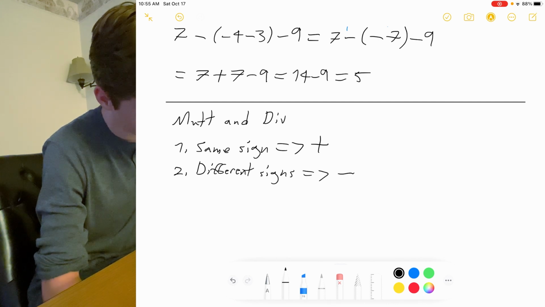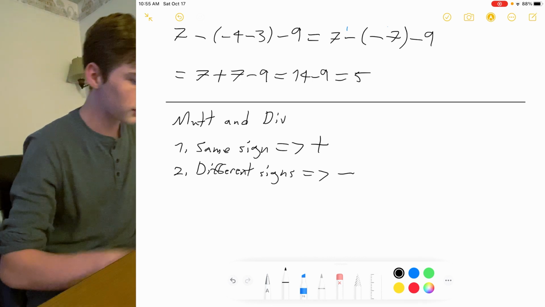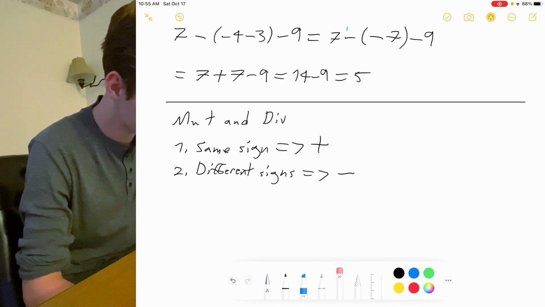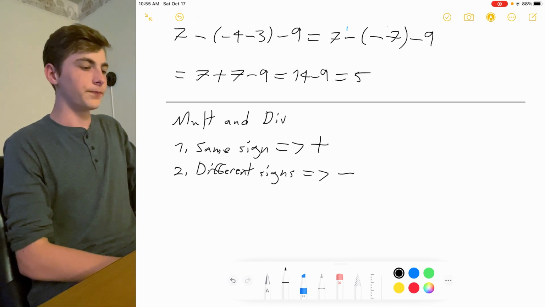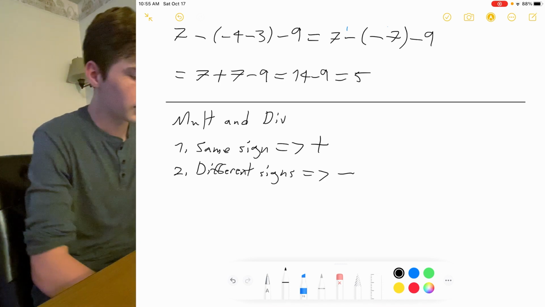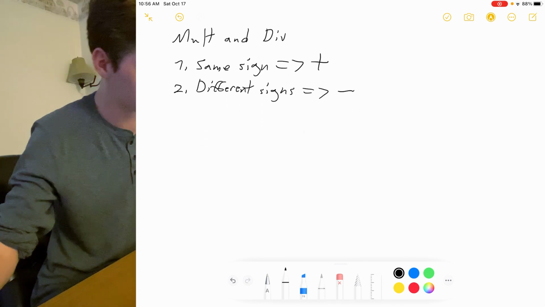Let me show you what I mean. And this is for when we're multiplying and dividing. Wow, I said mut and division. Yikes, that's not what we meant. Multiplication and division. Okay. We're specifically talking about multiplying or dividing 2 numbers, okay? So, let's say we multiply 5 times 3.